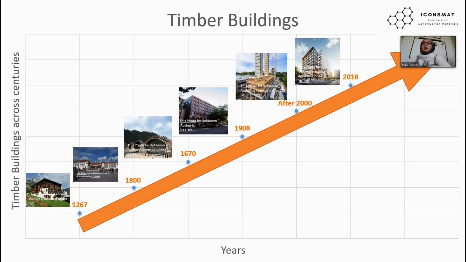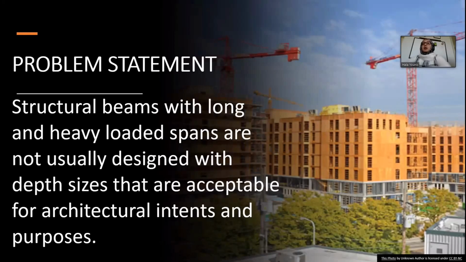And moving from ancient buildings to the 21st century, we can see the development of using timber in mid and high-rise buildings as shown in the figure. In recent time, timber has gained popularity in mid and high-rise buildings, buildings of 5 to 10 stories, but the aim is to build higher, using timber only, like 15, 20 stories.